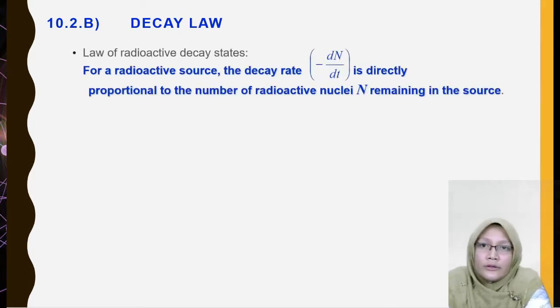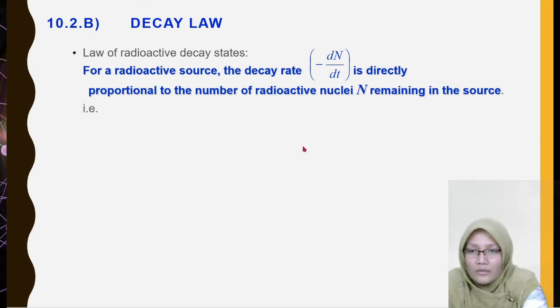Okay, law of radioactive decay states that for a radioactive source, the decay rate, negative dN per dt, is directly proportional to the number of radioactive nuclei N remaining in the source.